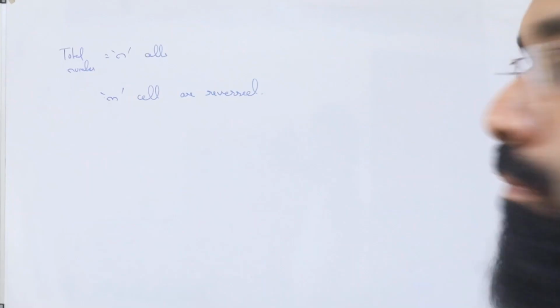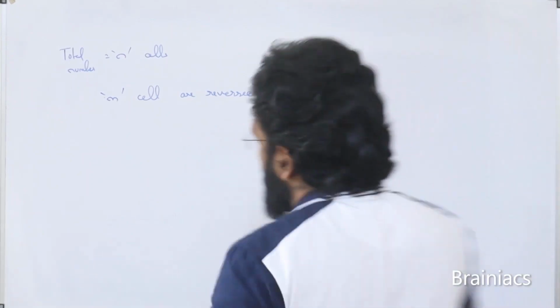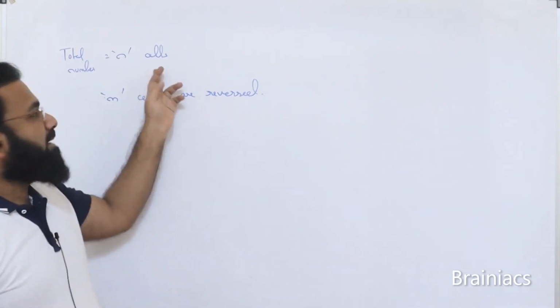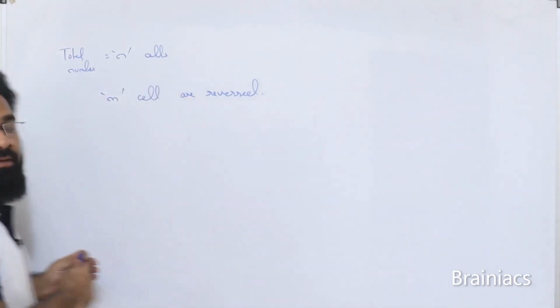Now I mentioned that when we connect cells in series and some cells are connected with opposite polarity, what will be the effective EMF? Already we have mentioned, but there are total n cells and m cells are reversed.